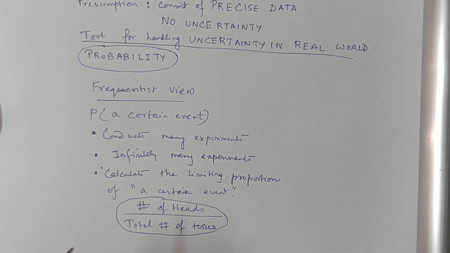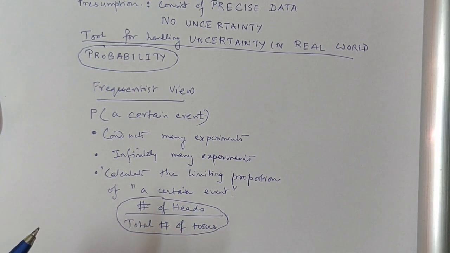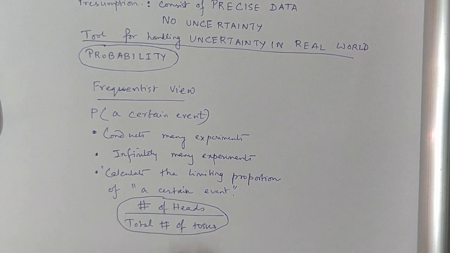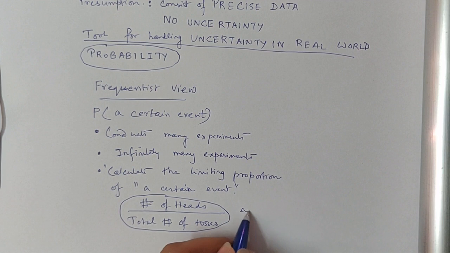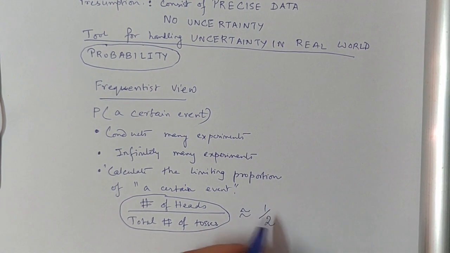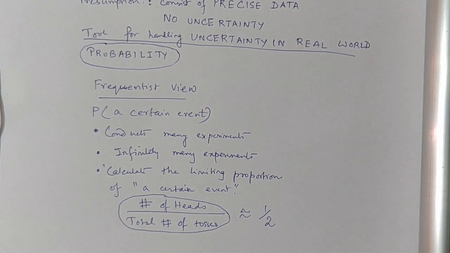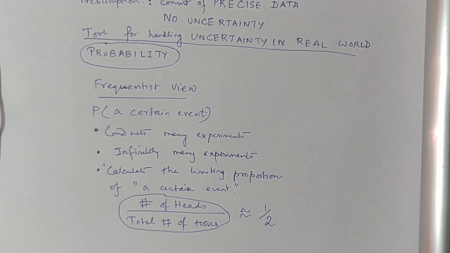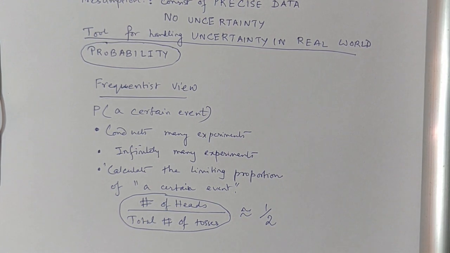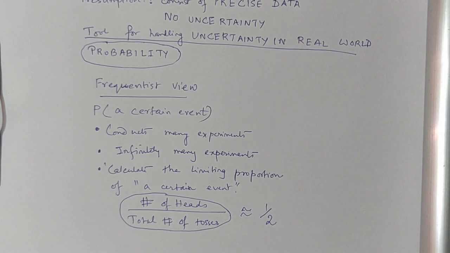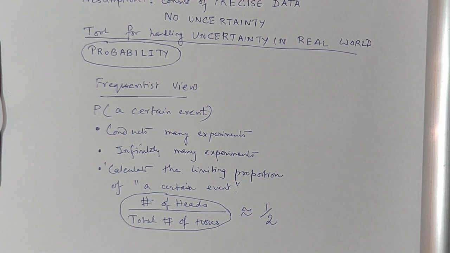The frequentist would say, in the limiting condition, this number of heads by total number of tosses, this relative proportion for an unbiased coin will converge almost to half. And that is why we are taught in high school and college that the probability of heads in an unbiased coin is half. Similarly, the probability of tails in an unbiased coin is half.